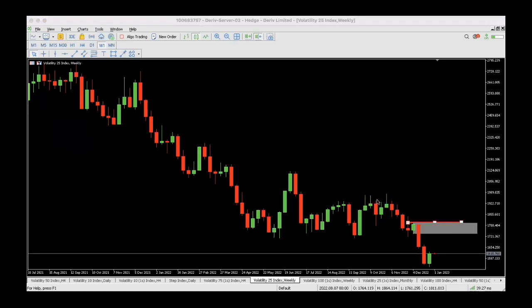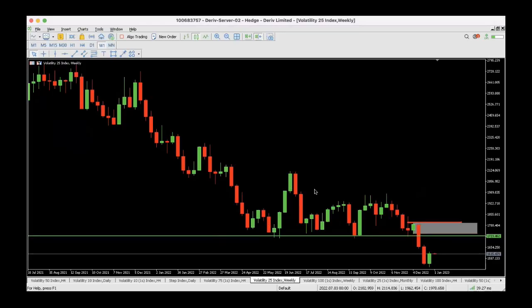Another thing that is nice about this zone is that it's also confluential. What does that mean? Confluence means that you have 2 or more reasons to take a trade. Now, clearly you can see that this is a level of support over here. Why is it a level of support? In the past, price tried to come over here, failed to break, okay? Tried to come over here, failed to break. Tried to come over here, failed to break, then it finally broke.